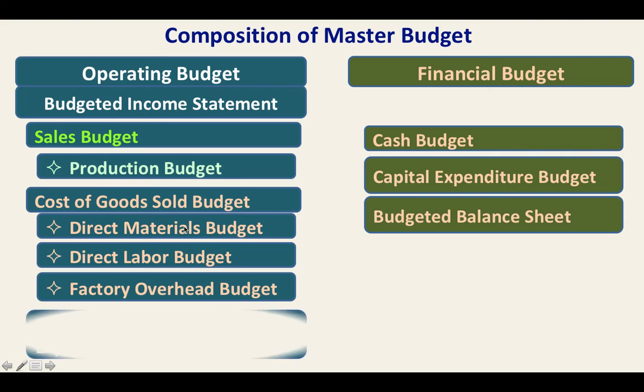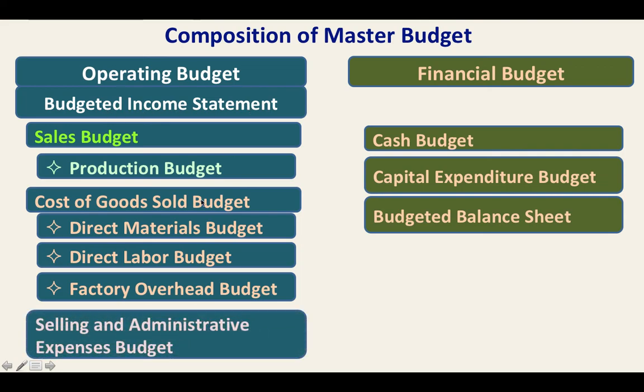Also part of the budgeted income statement is the selling and administrative expenses budget. So class, in this module, budgetary planning, we will be preparing the sales budget, production budget, direct materials budget, direct labor budget, factory overhead budget, and selling and administrative expenses budget.